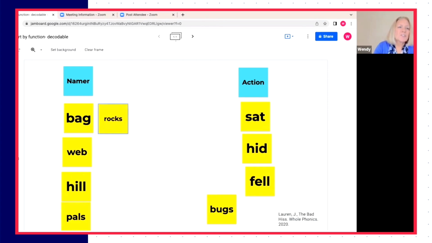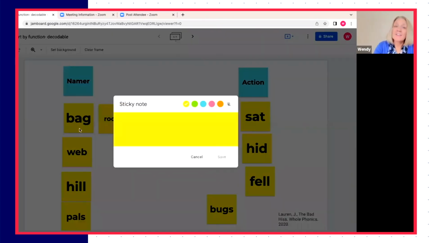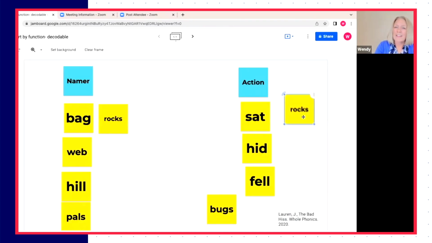So please do be prepared to add some more sticky notes and to celebrate that our students know that there is more than one meaning for the word rocks. So like, grandma rocks my baby brother to sleep every night. Same with the word bugs.